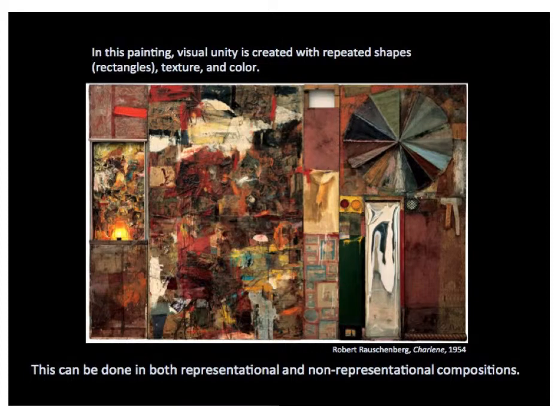We see texture, that texture there in the middle, repeated in different parts, right? And color, right? This muted red, muted greens, repeated throughout in different ways, right? This can be done in both representational and non-representational compositions.